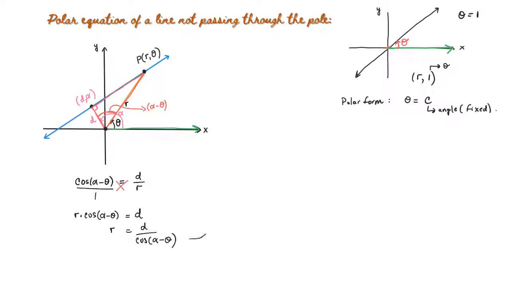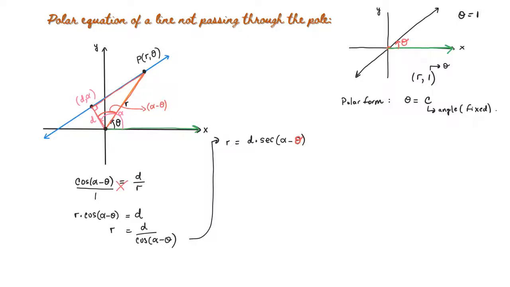Let me continue over here. I need more space. So then r is going to be, now instead of having a fraction 1 over cosine, I know that 1 over cosine is secant. So d times the secant of alpha minus theta. And in general, the variable here is really theta, because this was the random point.